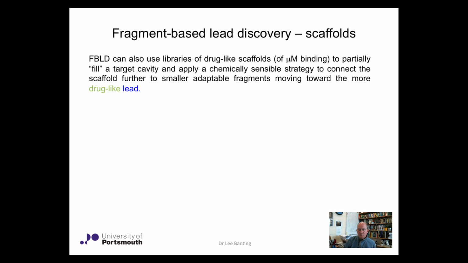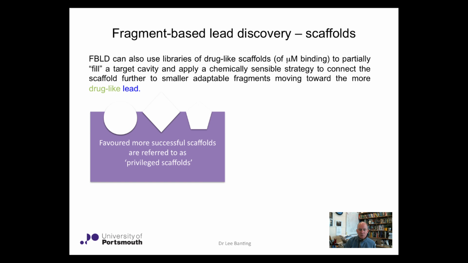You don't have to use very small fragments with millimolar binding. You can use micromolar binding drug-like scaffolds, which are slightly more elaborated fragments, possibly with one or two small units together. And they allow us to go towards a more drug-like lead more quickly.